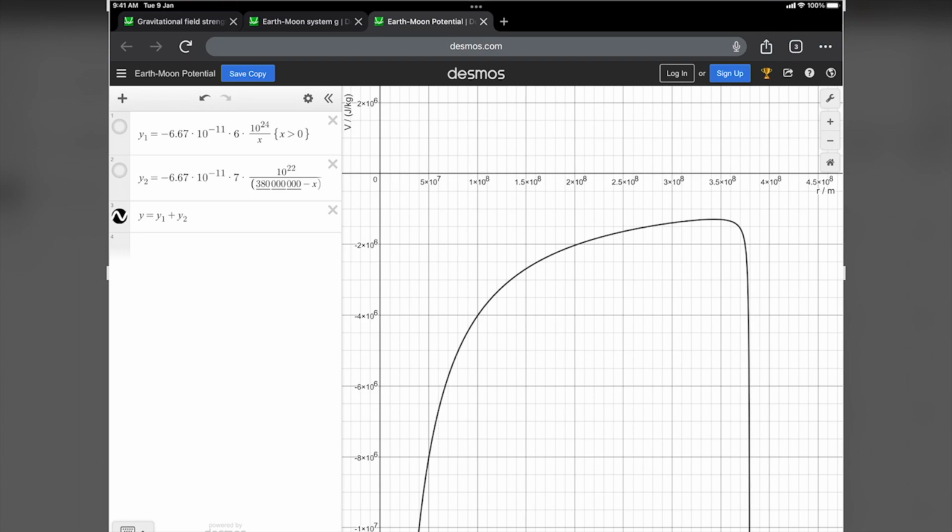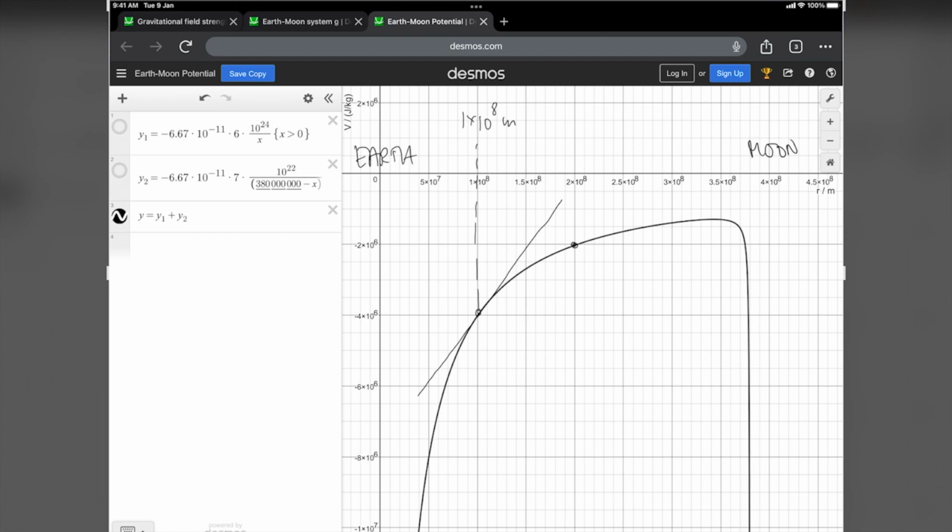So if I want to find the magnitude of g at a distance 1 × 10⁸ meters away from the Earth in this Earth-Moon system, remember we have the Earth over here, we've got the Moon over here. Well, then I draw a tangent to my best ability, find the slope of that, then I have the magnitude of g. If I put a negative sign on it, then I know it's pointing to the left towards the Earth.